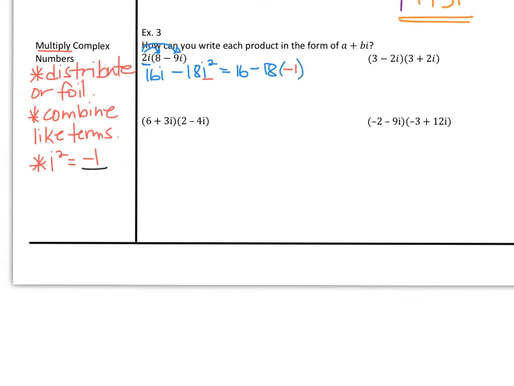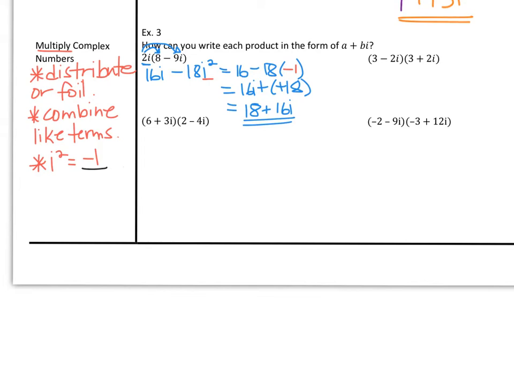And 18 times negative 1, that would give us 16i minus negative 18. And that double negative would make that positive. To write that then in standard form for a complex number, we'd put the 18 first, and then we'd add 16i. That would be your solution in standard form.